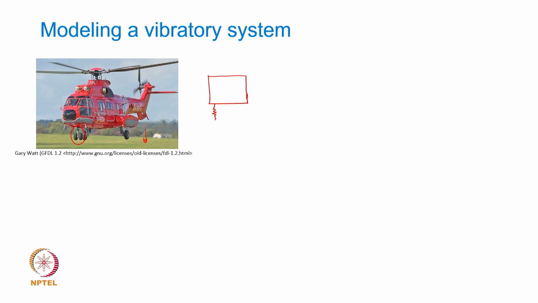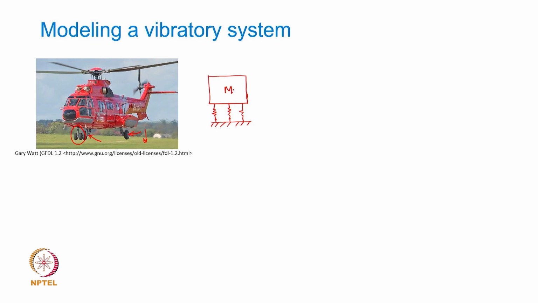So, I can treat this front landing gear as a spring, another spring representing the landing gear at the back, as well as this. So, there are actually 3 springs representing the landing gears of this helicopter mass.